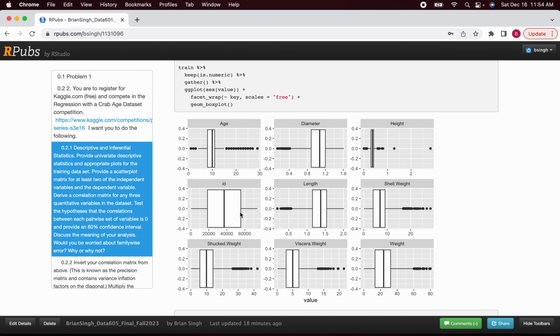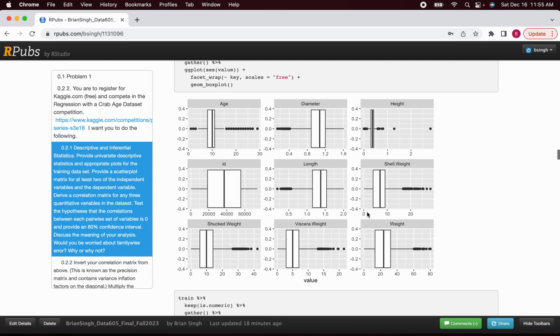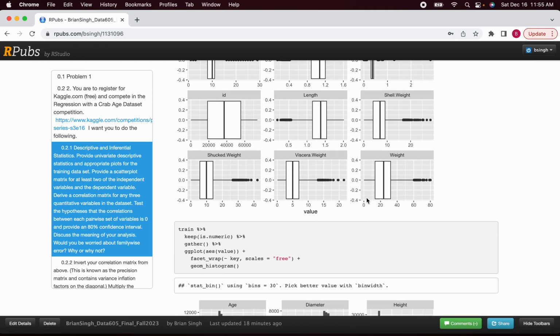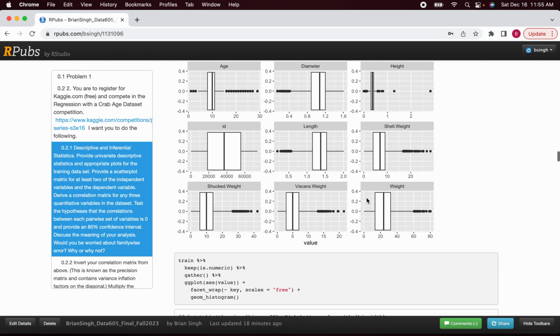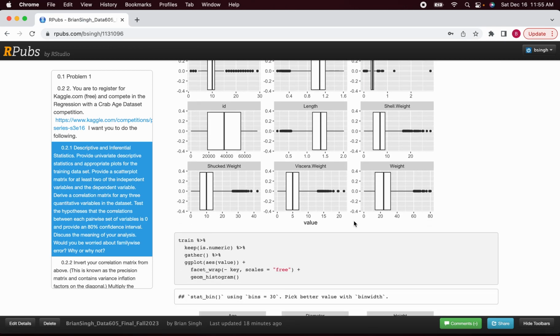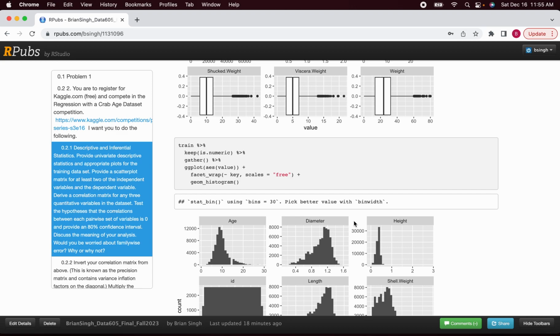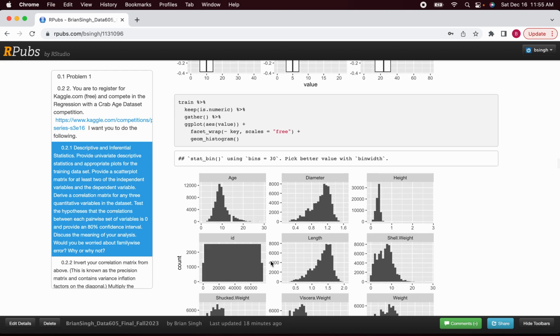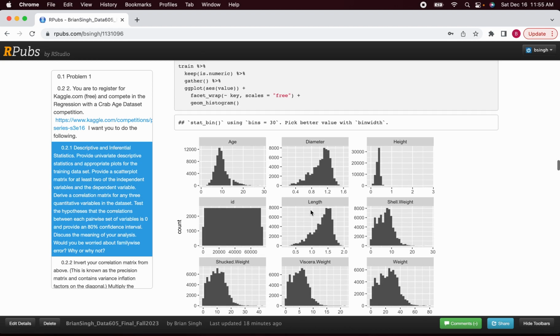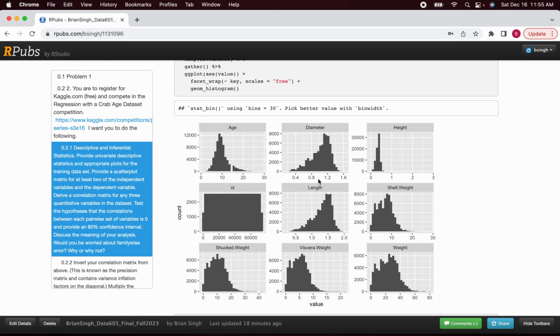Again, ID should probably have been excluded, so I should have done that, but more or less ignore that. So we can get a sense of the distributions and outliers based on the data here.